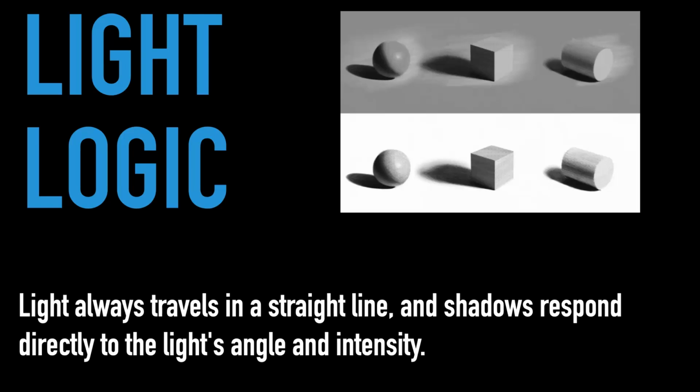So if it's a really hard light, the shadow's going to be sharper. If it's a soft light, the shadow's going to be more diffuse. It's blurred out, right? On a cube, you can really see the difference between the hardest, darkest part of the object where the light is not happening. So soft light creates blurry, less distinct shadows.